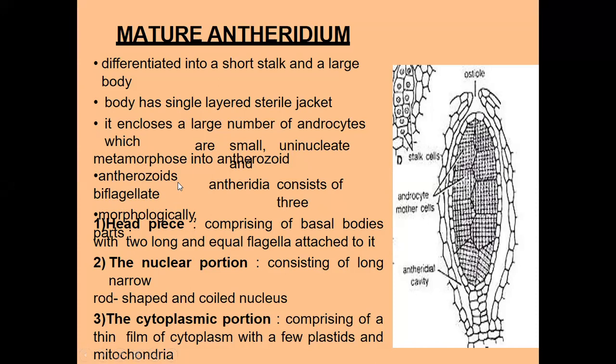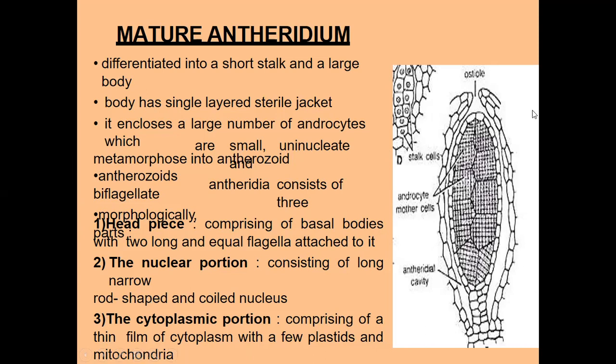So I repeat, these androcyte mother cells on reduction division produce biflagellated gametes. All the male gametes in bryophytes are motile. They possess two flagella, which we call biflagellated, and we call them antherozoids.